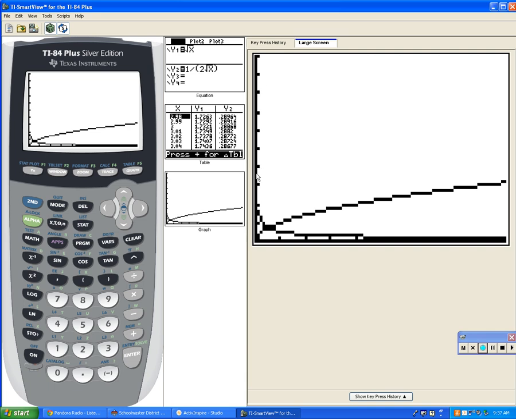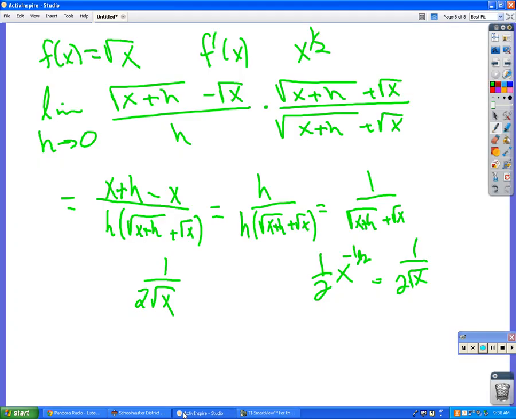You can't even see it, it's so close to the y-axis. And then as this graph starts to level out, the graph of the derivative gets closer and closer to 0. And so it looks something like that, okay? So there is a visual relationship between the original function and the derivative. It's a little bit tricky, but you can see it.